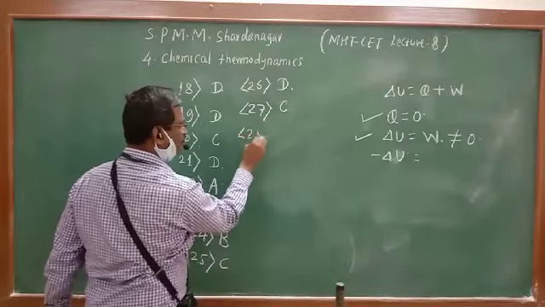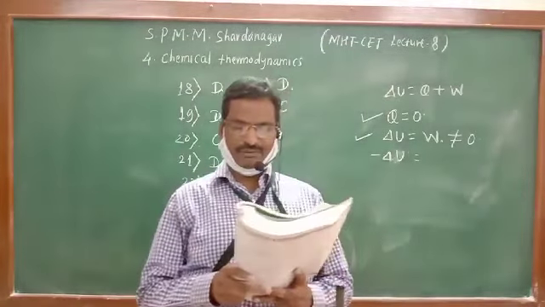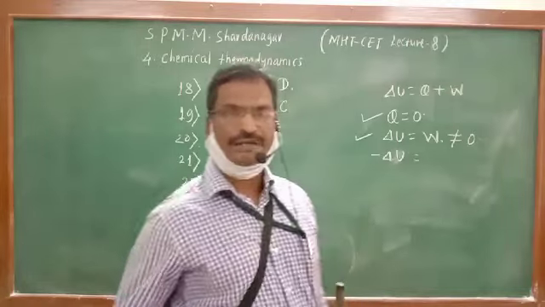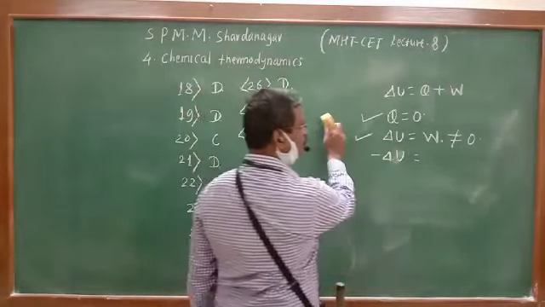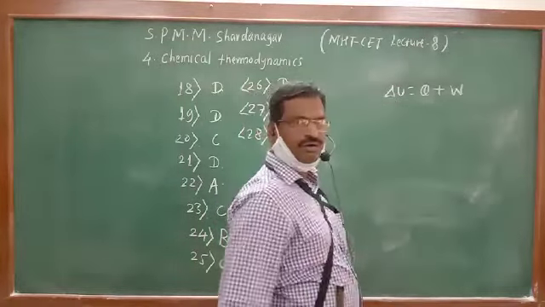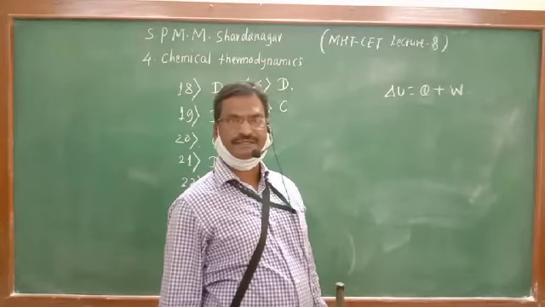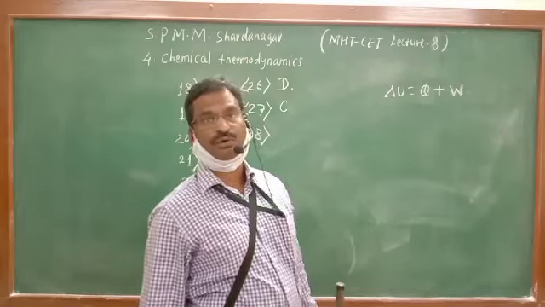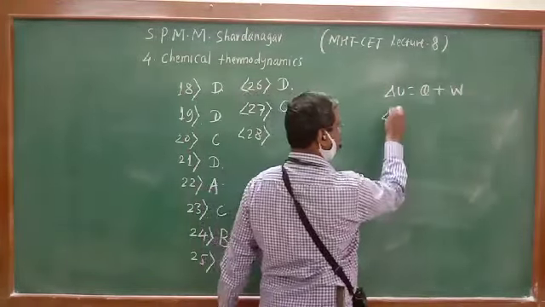Now question number 28. Mathematical equation of first law of thermodynamics for isochoric process is. What is an isochoric process? The processes which are carried out at constant volume are known as isochoric processes.